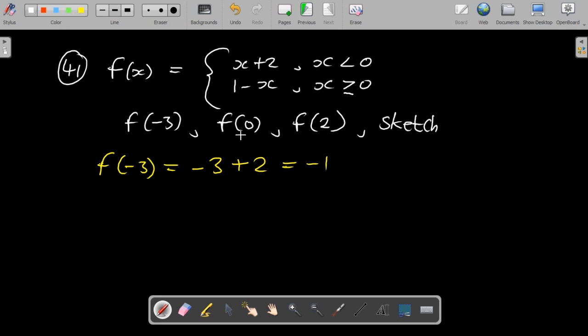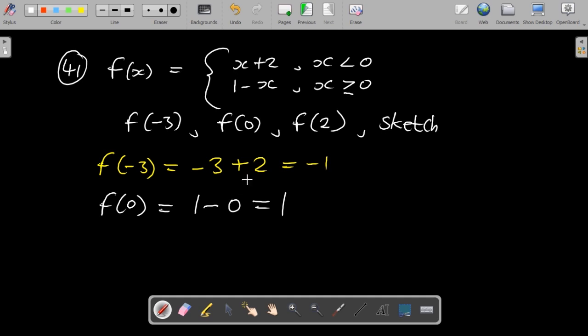Then f of 0 falls in this section where x is greater or equal to 0. So x is 0, so we use this function. Now we have 1 minus 0, which gives us a value of 1.